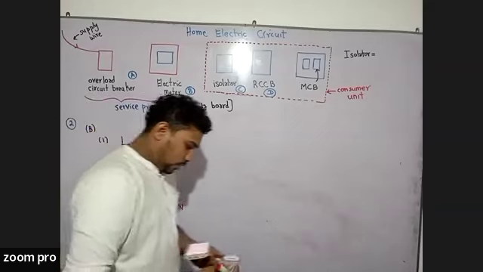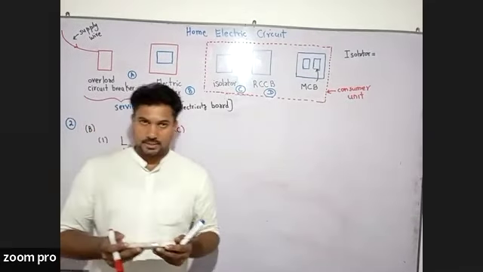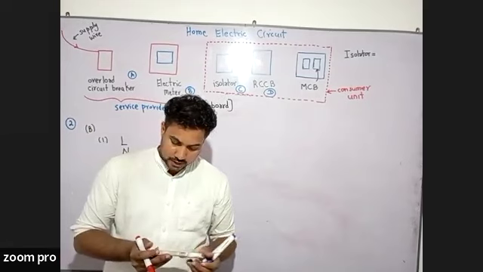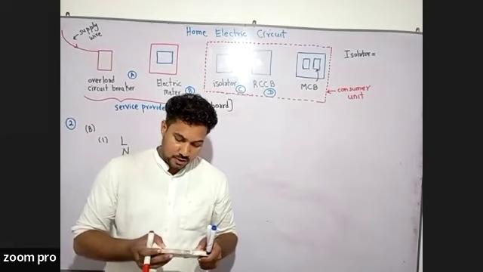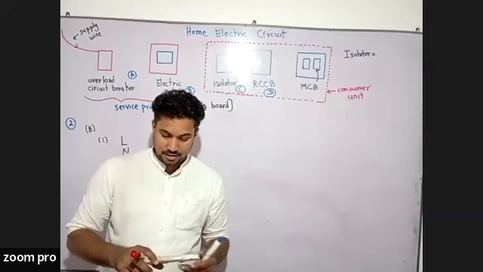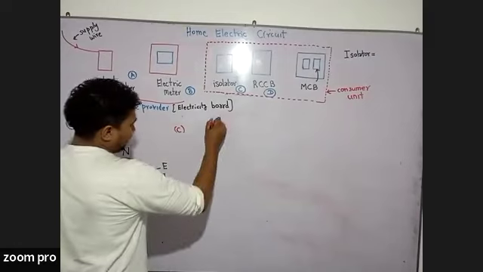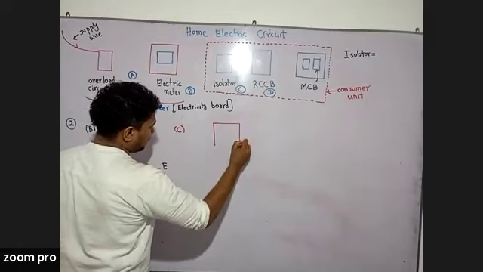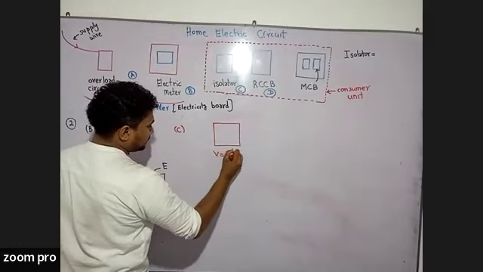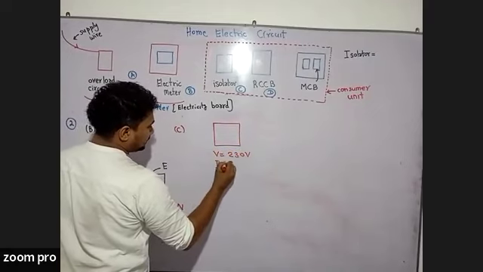after settling in a new house, Isuru bought an electric motor. On the motor, it was indicated that voltage is equal to 230 volt and I is equal to 8 amperes. Right.